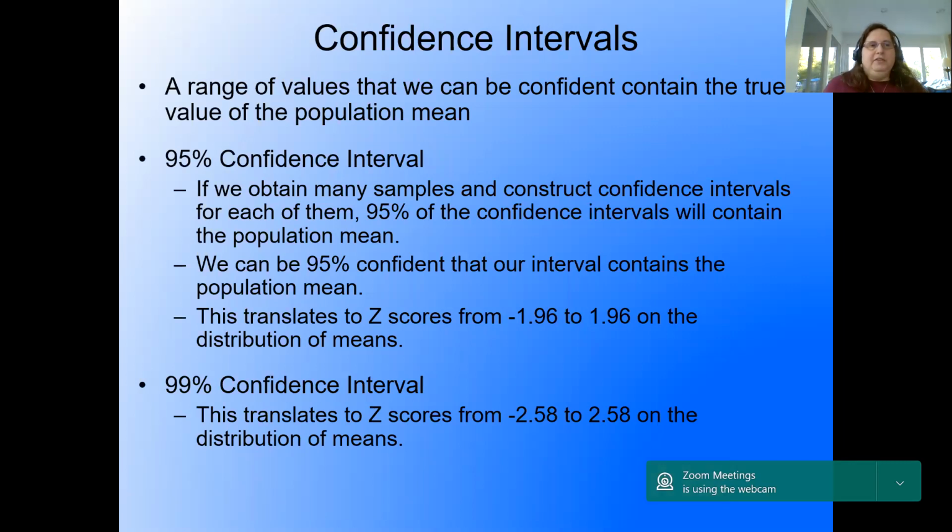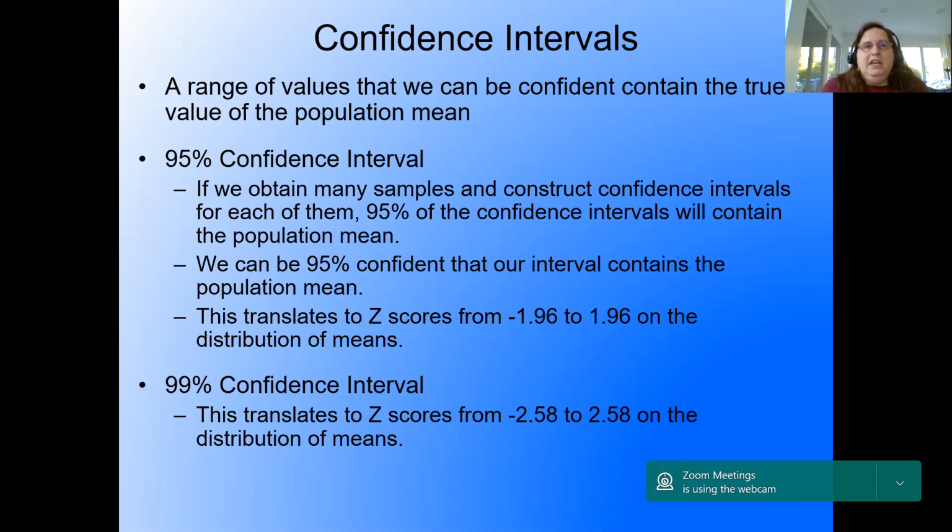Now let's talk about confidence intervals. This is a range of values that we can be confident contain the true value of the population mean. Let's talk about a 95% confidence interval, which is one of the most popular confidence intervals.